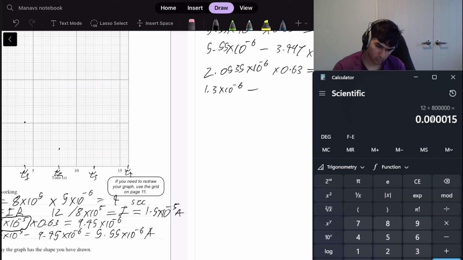Subtract: 0.535 times 10 negative 6 minus 0.3 times 10 negative 6.